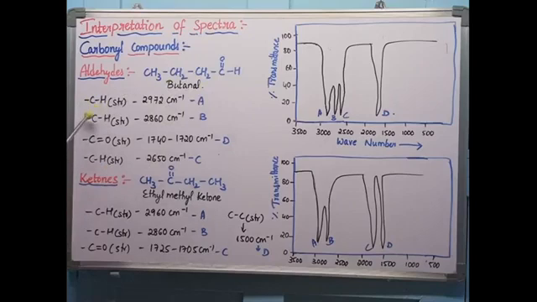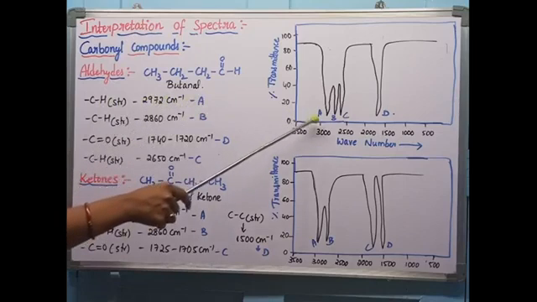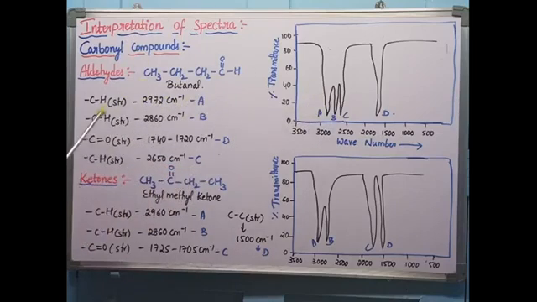We are observing CH stretching in CH3 here and CH stretching in CH2 here. For CH stretching in CH3 we are getting the peak at 2972. This is considered A. Next, CH stretching in CH2 gives stretching at 2860.